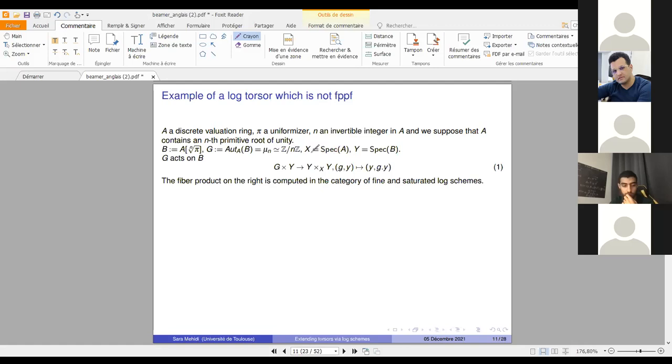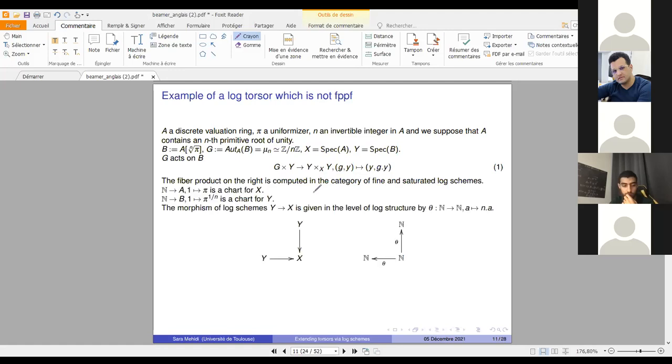Here I take X to be the affine scheme Spec A and Y the affine scheme Spec B. So G acts on B, and I write here this morphism for the action of G over Y. And here the fiber product of Y and Y as log schemes is computed in the category of fine and saturated log schemes.